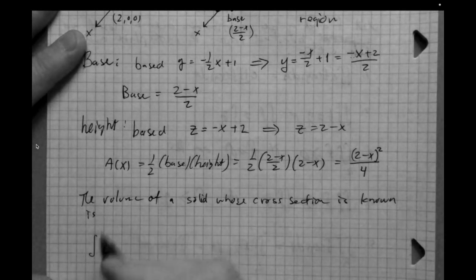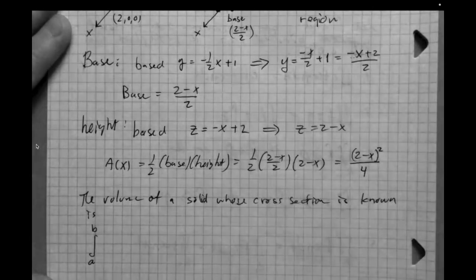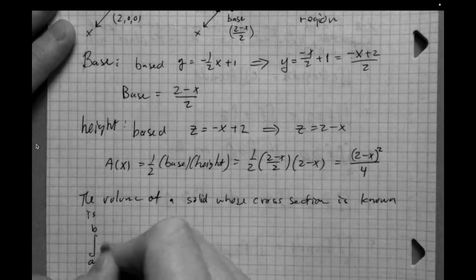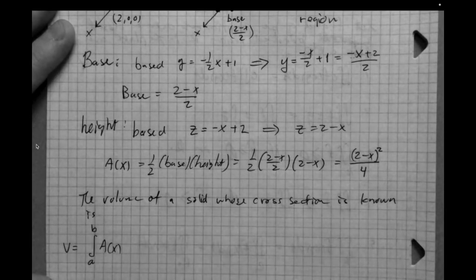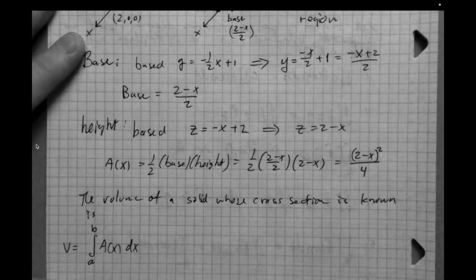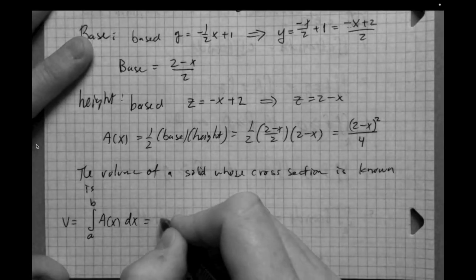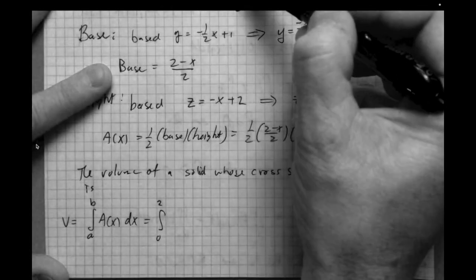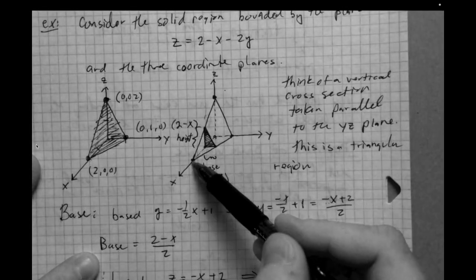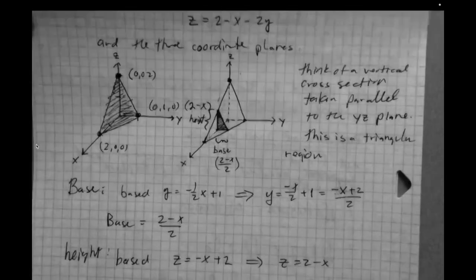It's going to be equal to the integral from a up to b of the area as a function of x dx. So in our case, this is going to go from 0 to 2. You can come from here forward or from here backwards, it doesn't matter, but you should go from 0 up to 2.